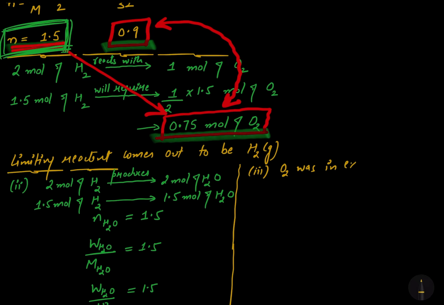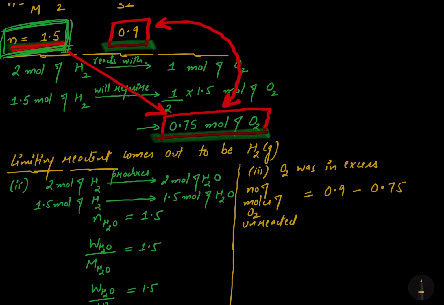So the number of moles of O2 unreacted will be equal to my available number of moles, which were 0.9, minus the consumed number of moles of O2, which were 0.75.